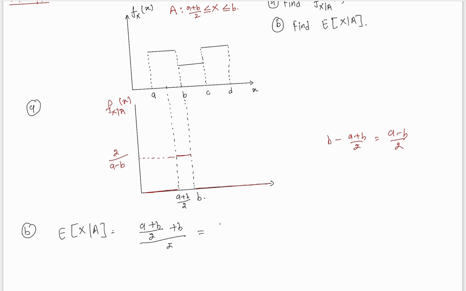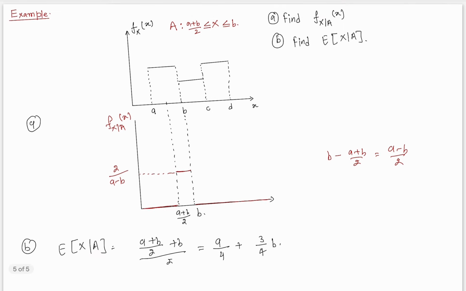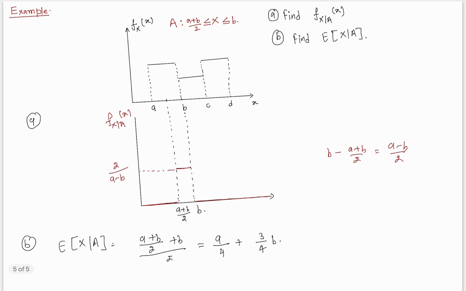That would be a divided by 4 plus b divided by 4 plus b divided by 2, so that would be a divided by 4 plus 3b divided by 4. So this is the conditional expectation given this event A.